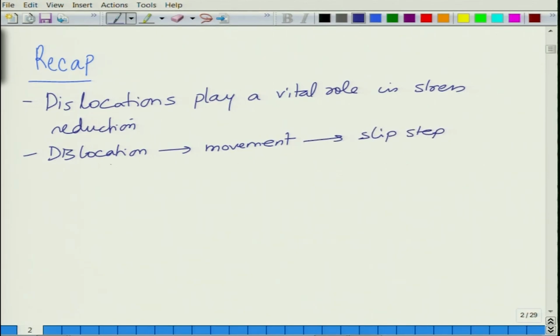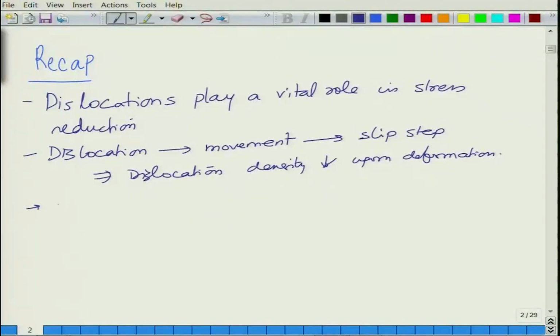So what it means is that the dislocation density should reduce upon deformation. This is what should happen, because if dislocations are getting out of the crystal, which means dislocations are getting lesser in number.